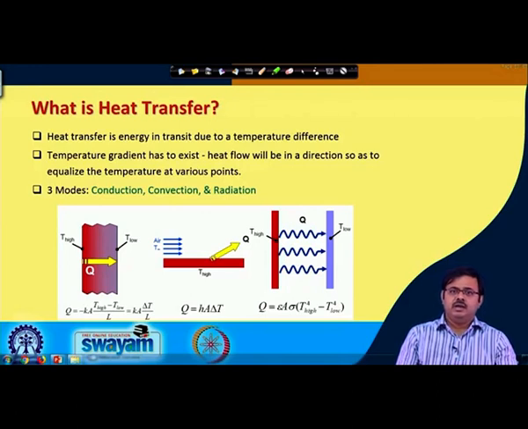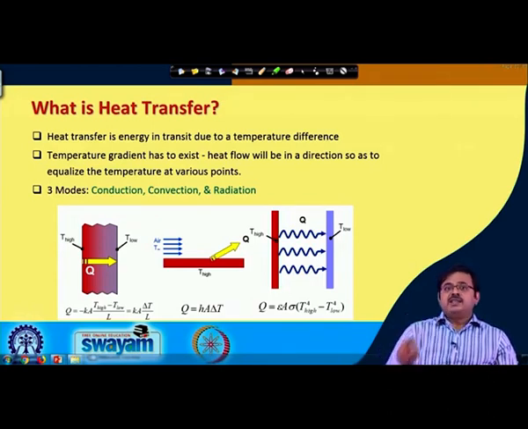If a surface, by virtue of being at a temperature above absolute 0, emits radiation, the amount of radiation that it emits depends on several factors, but is also proportional to the fourth power of its absolute temperature.